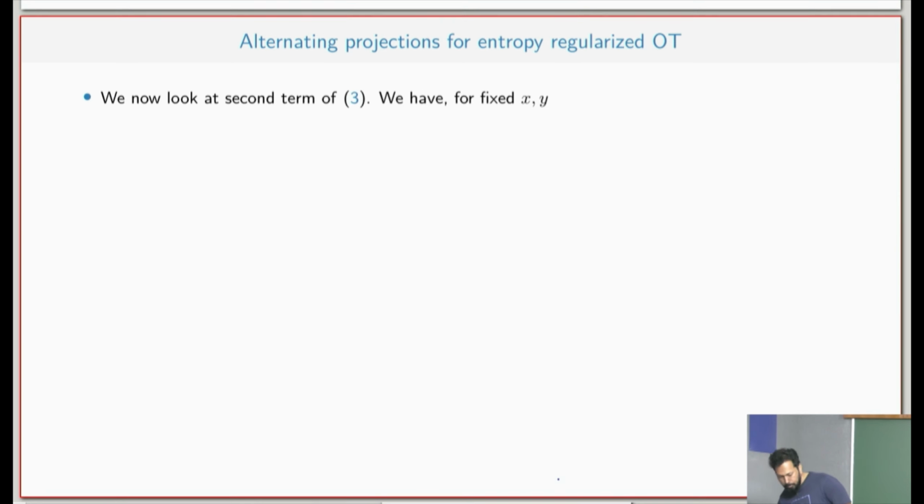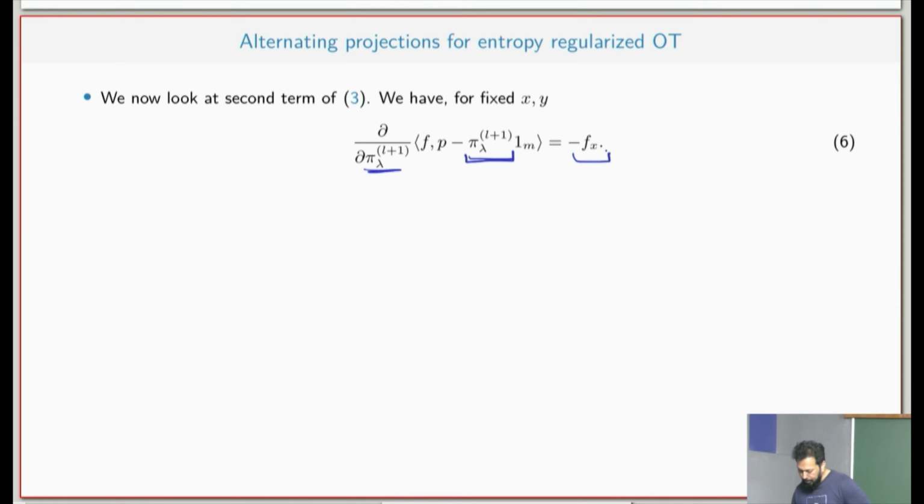I'm almost done. Okay. So then we also look at the second term. In the second term we have the derivative with respect to pi l plus 1. So basically pi l plus 1 only lies here, right? So this would mean that the derivative will just give me minus f in this case.